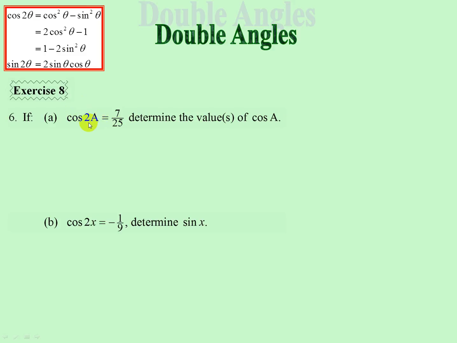Why don't I expand cos 2A into cos A and solve? So there we are. 2 cos squared A minus 1 equals 7/25. Add the 1 to the other side, divide by 2, square root with the plus or minus.